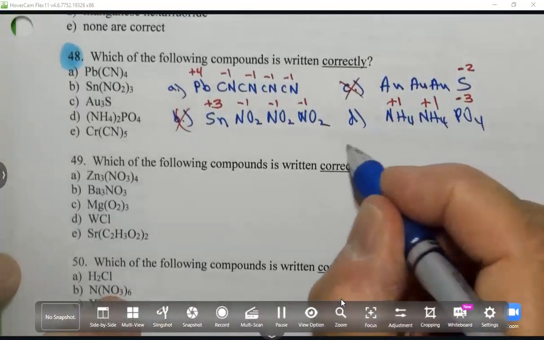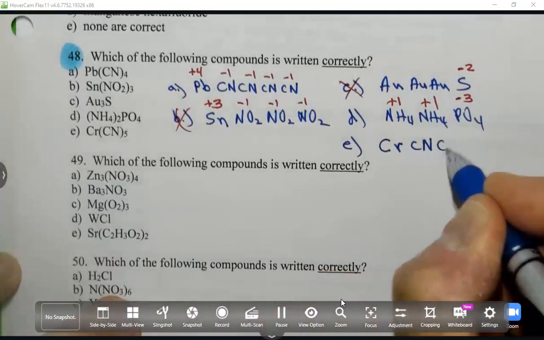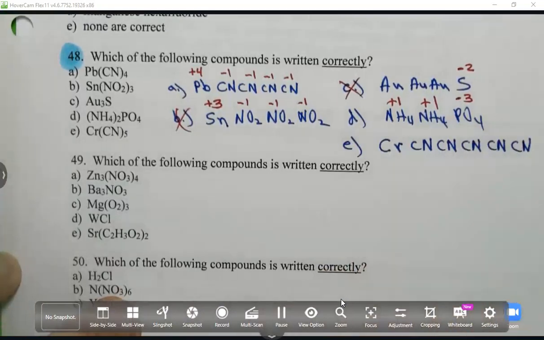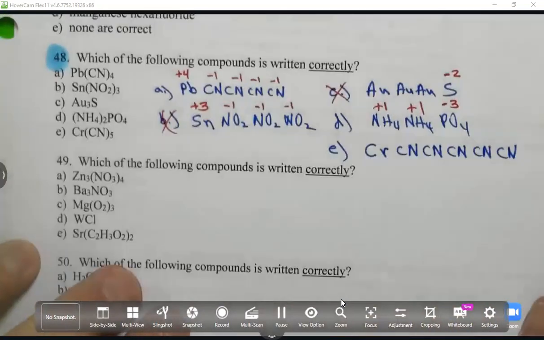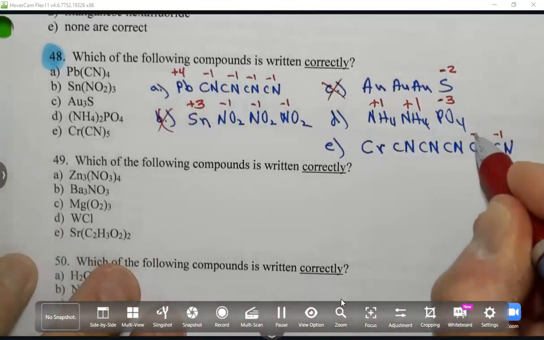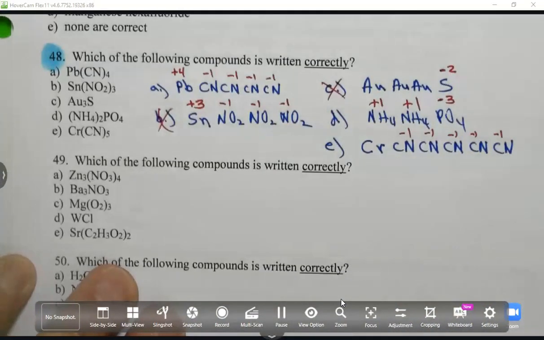In letter E, we have Cr, CN, CN, CN, CN, CN. These cyanides, -1, -1, -1, -1. That total is -5, right?